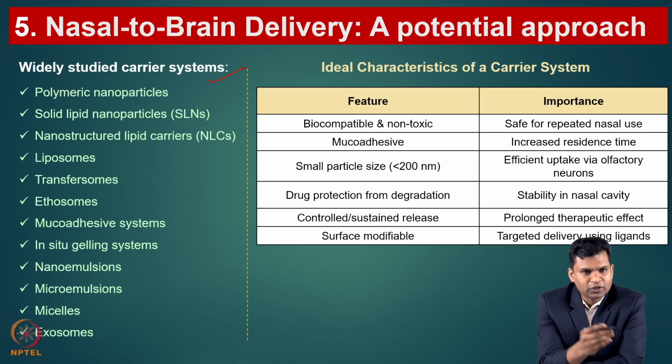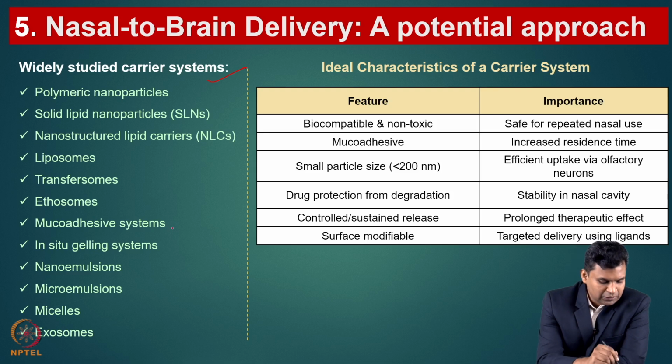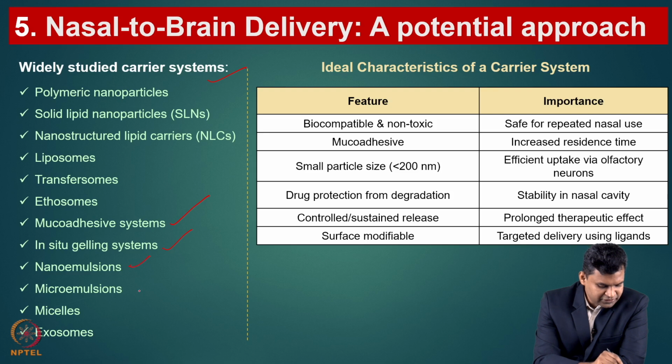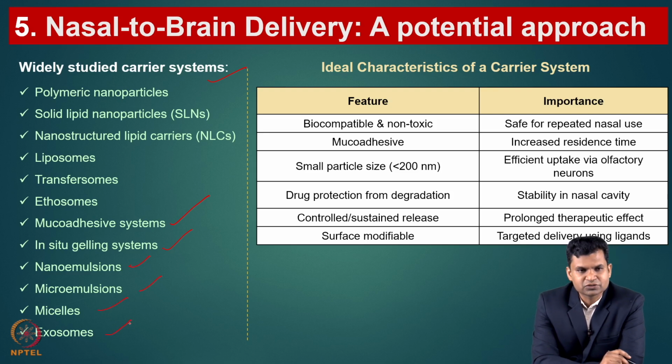For example, polymeric nanoparticles, solid lipid nanoparticles, nanostructured lipid carriers, liposomes, transferosomes, ethosomes, and mucoadhesive and in situ delivery systems have huge demand in nose to brain delivery strategies, which we are going to discuss when we discuss the challenges. And yes, nanoemulsions and microemulsions are also possible, and micelles and exosomes can be used for nose to brain delivery.